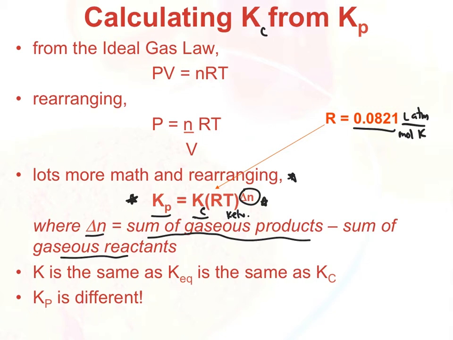If you go ahead and plug these numbers in, you will end up with the adjusted Kp value from your Kc value. And obviously you could rearrange this and calculate your Kc from your Kp. So the takeaway here is you need to know this equation, how to utilize it, how to find all of the values, and that Kp and Kc are in fact different.